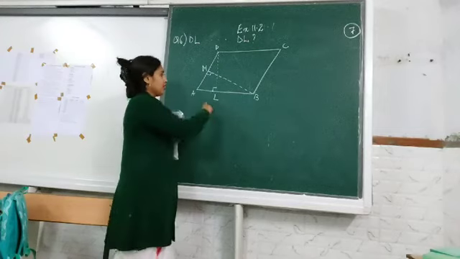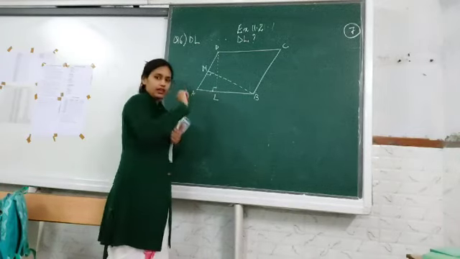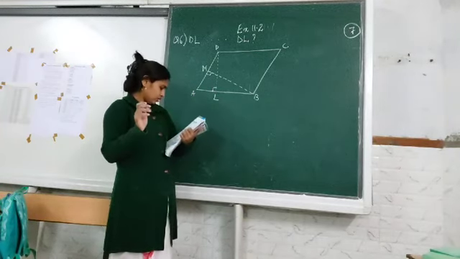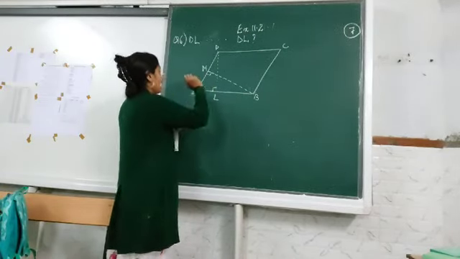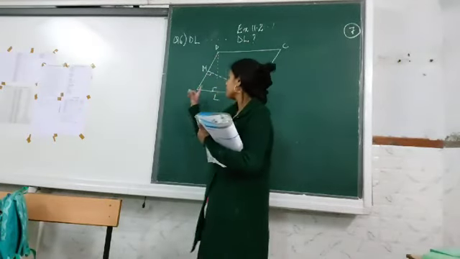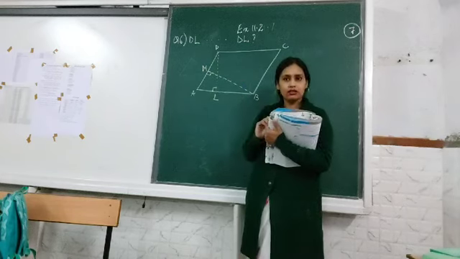Okay? Now children, this is the parallelogram ABCD where its area is given. And also I think the two sides are given. That is AB is given and AD is given. The two bases are given. We have to find the two heights.